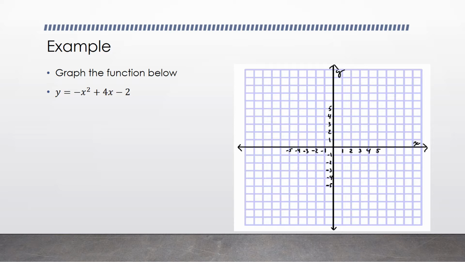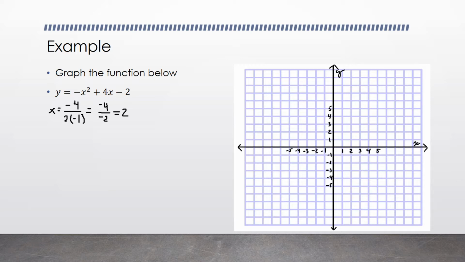So let's take a look and find the axis of symmetry. So x is going to be equal to negative 4, because 4 is b, over 2 times negative 1. So I have negative 4 over negative 2, which is equal to 2. So my axis of symmetry in this case is x equals 2.